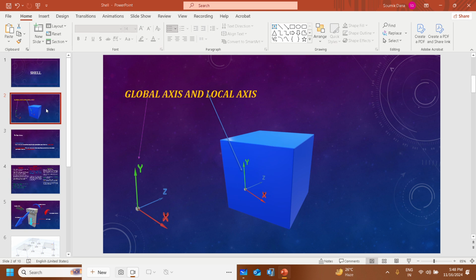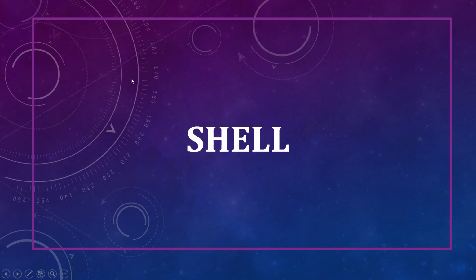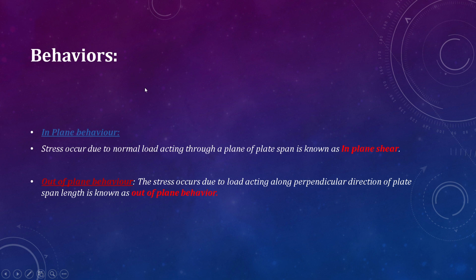So now go to this picture. In plane behavior, the stress occurs due to the normal load acting through the plane of the plate span is known as the in-plane shear. And out of plane behavior, the stress occurs due to the loading acting perpendicular to the direction of the plate is known as the out of plane behavior. Okay.